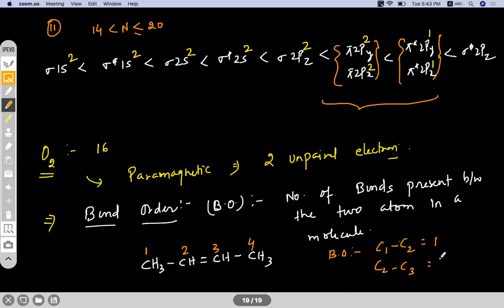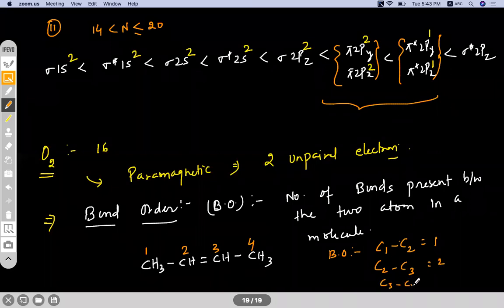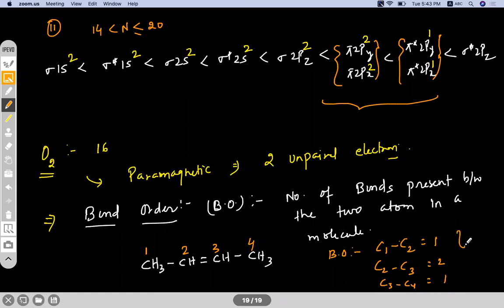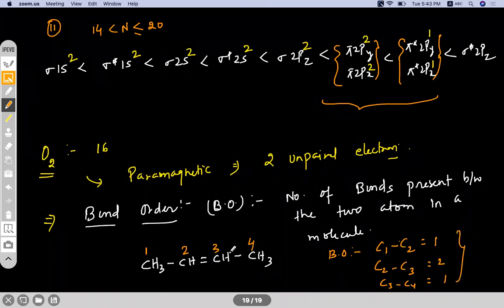C2C3, 2, and C3C4, it is again 1, right? Why is this 1? Because the number of bonds between the two carbon atoms is 1. So the first point is that bond order we define between two atoms in a molecule. I have also told you that this bond order may have a fractional value when resonance is possible, right? We can find out bond order with respect to molecular orbital theory.